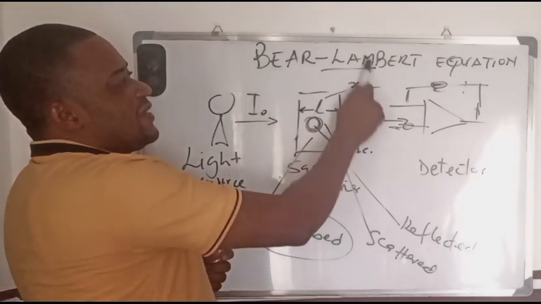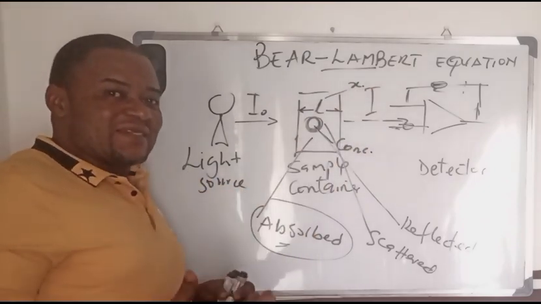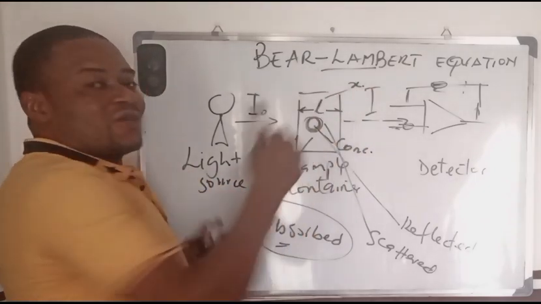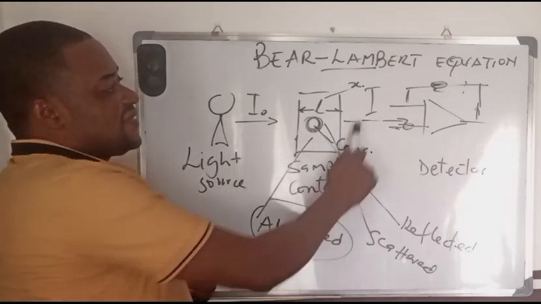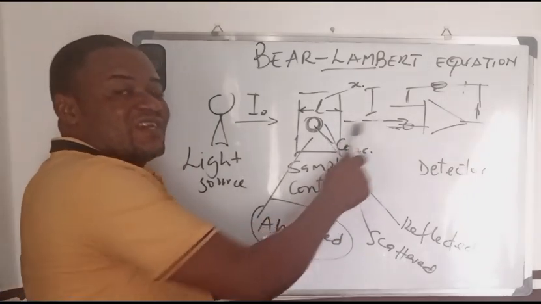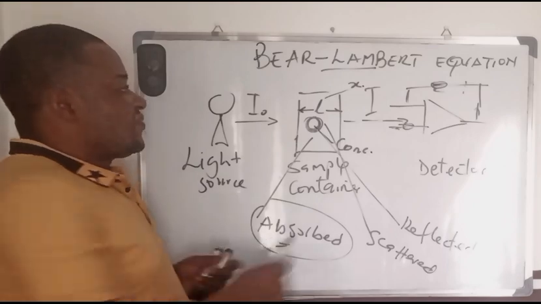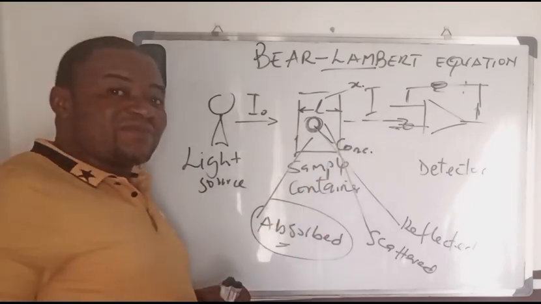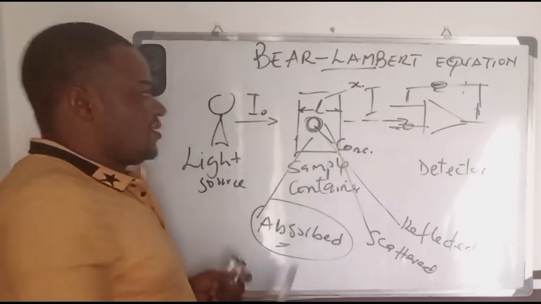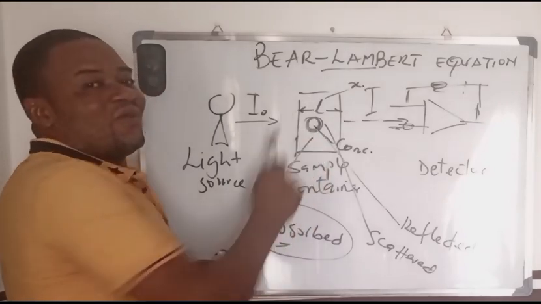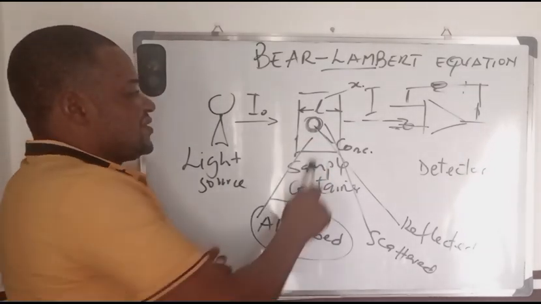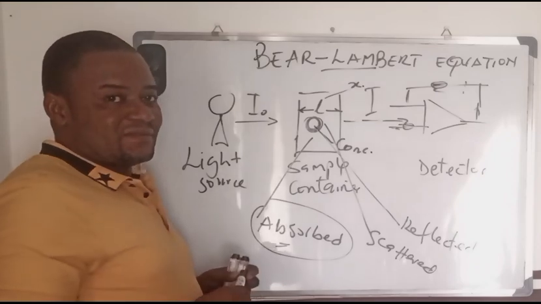And what Beer's and Lambert's laws say, that makes these two laws collapse into one, is that both of them believed that the reduced radiation, which is the transmitted radiation, depends on the concentration of the sample and also on the path length of the sample container.